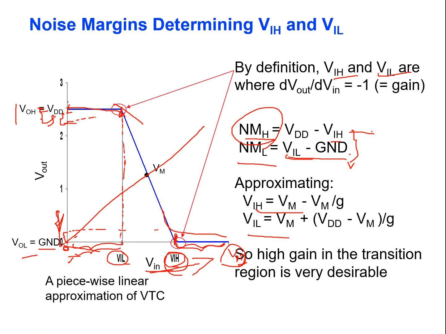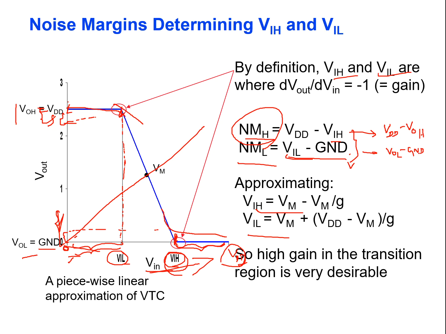So with respect to output, you can write it as VDD minus VOH. Similarly, for the lower noise margin, we can write it as VOL minus ground. Okay, so this is regarding your output.